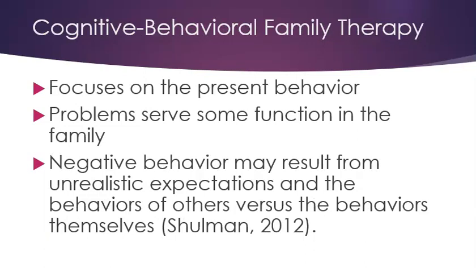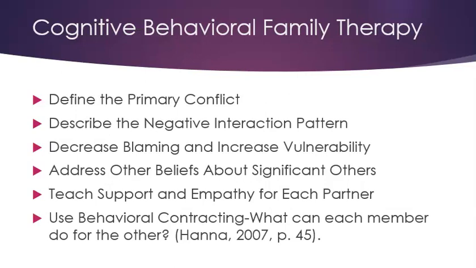Cognitive behavioral family therapy focuses on more of the present versus the psychodynamic theoretical framework. Problems serve some function in the family, and negative behavior may result from unrealistic expectations and the behaviors of others versus the behaviors themselves.